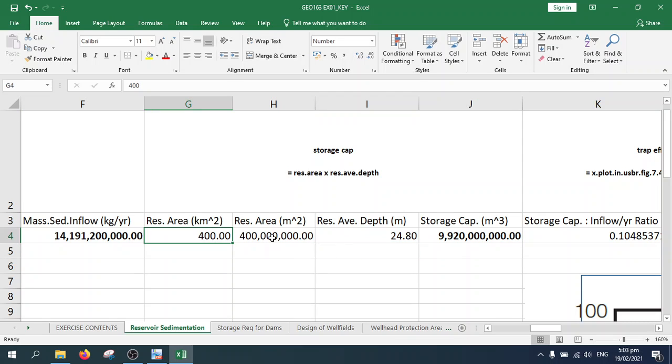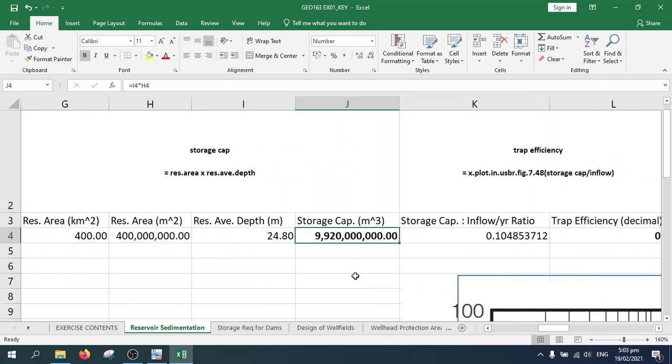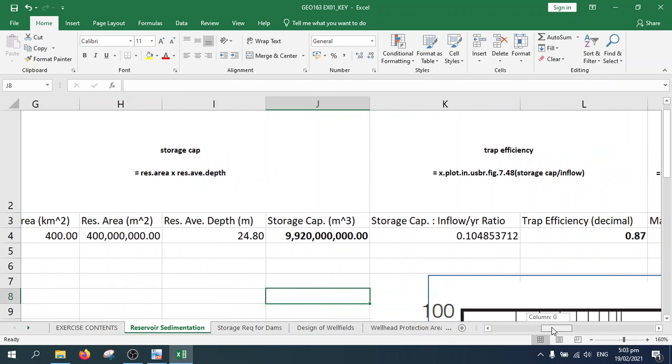I convert the area into square meters, and I'm also given an average depth, which is in meters. I multiply the area by the depth, and I'm getting here 9.9 billion cubic meters. Now again, let's park that value.